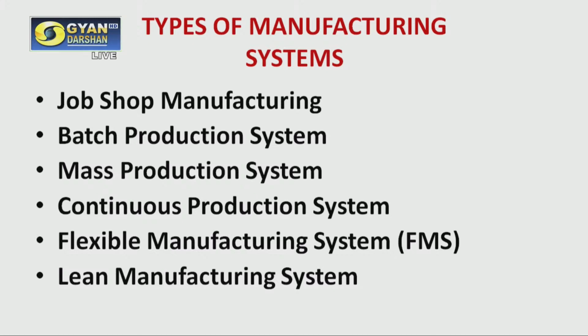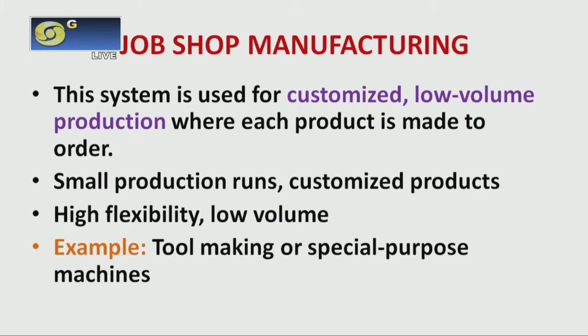So, when we discuss the manufacturing system, it is always better to highlight its characteristics. We have 6 types, basically 5 types of manufacturing system. The 6th has been added just to manage the waste in the manufacturing system.